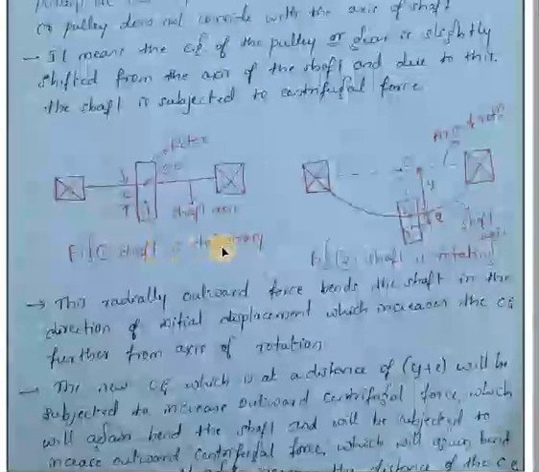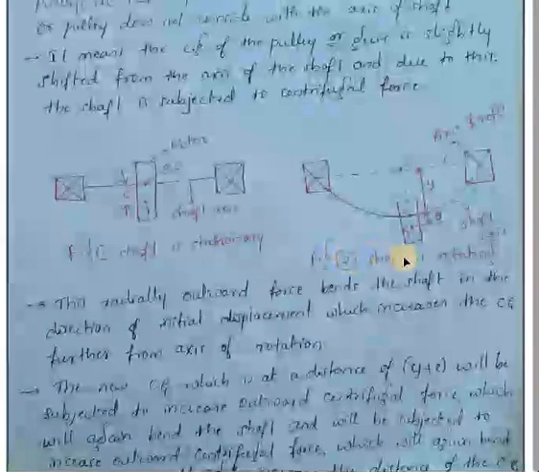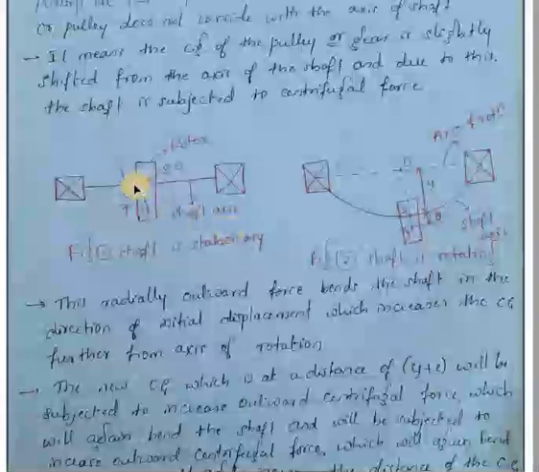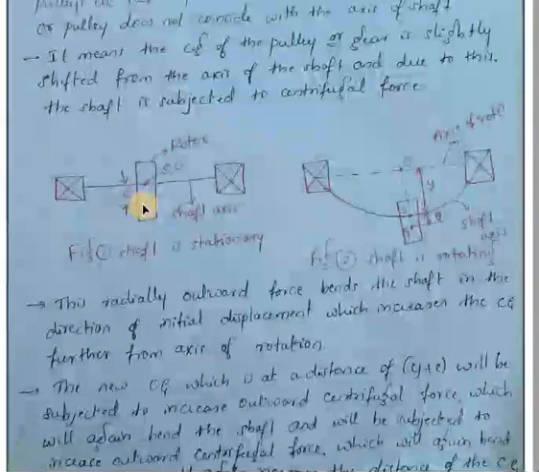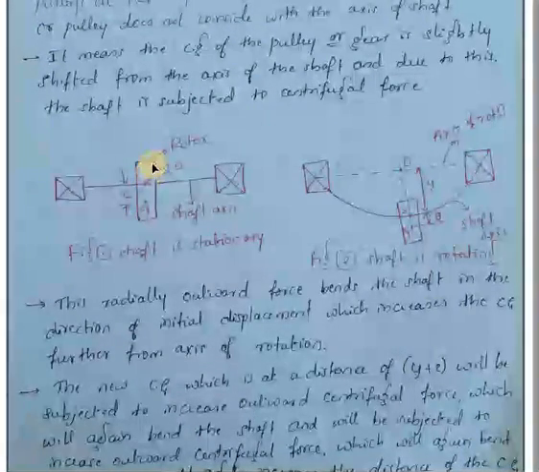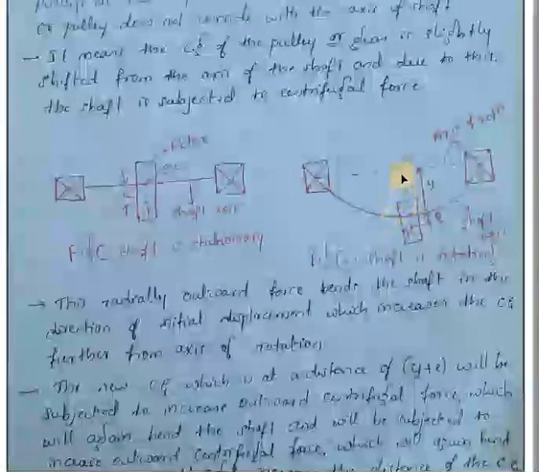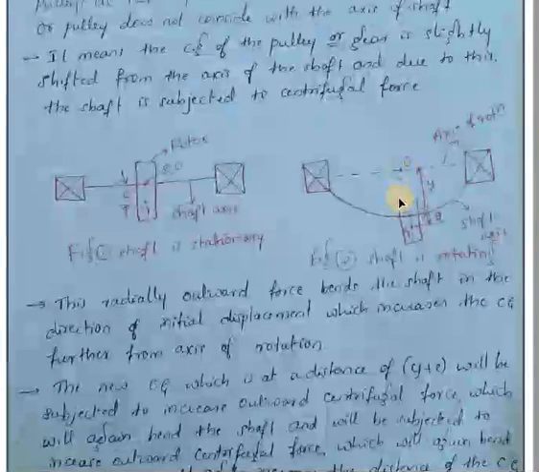This is the diagram for when the shaft is stationary, and this is when the shaft is rotating. Here this is the eccentricity, and this is the CG. This is the rotor, and this is the shaft axis. When it is rotating, this is the deviation from the equilibrium axis or neutral axis.